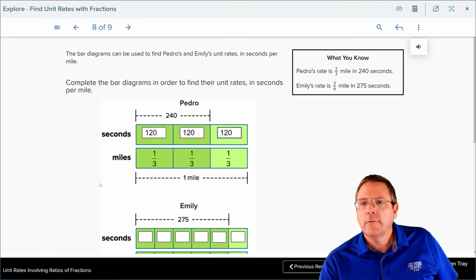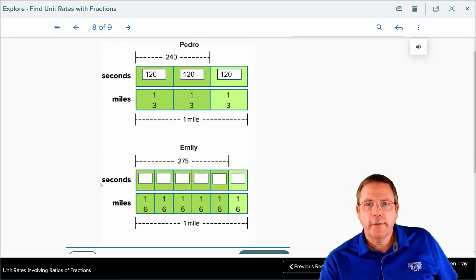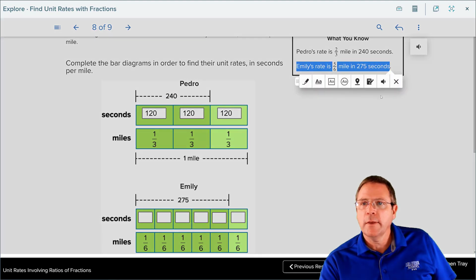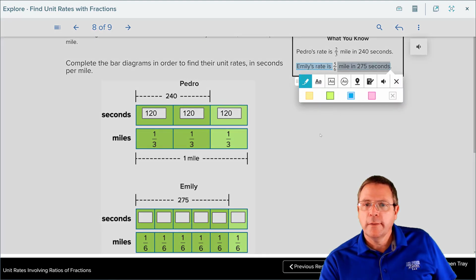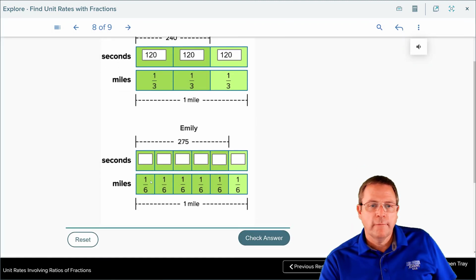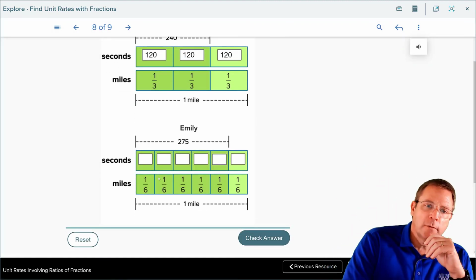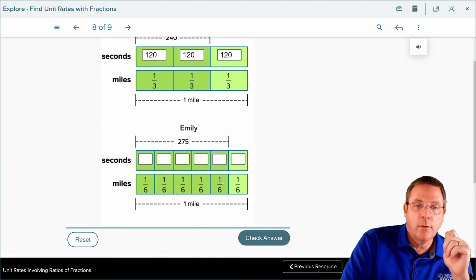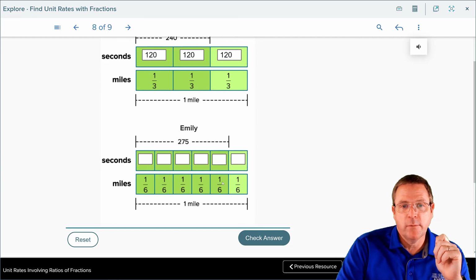Meanwhile, we have Emily ran 5/6 of a mile in 275 seconds. You can see that right there. So we're going to take that information and say, if it took her 575 seconds to run 5/6 of a mile, how much did 1/6 of a mile take?